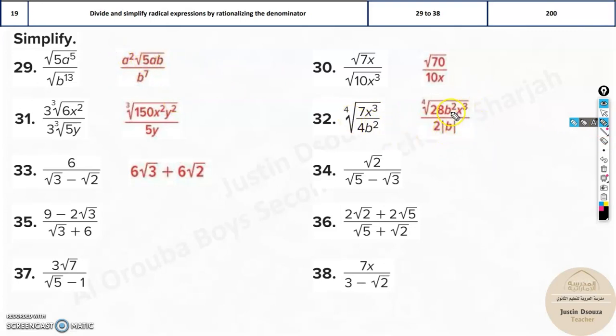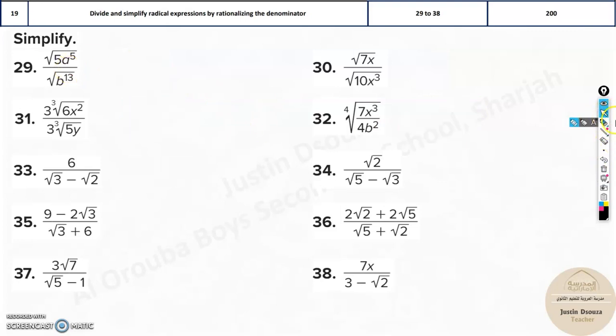But anyways, when you simplify and bring it out, remember, you have to put the magnitude symbol. If it is odd power, no problem at all. This is very important to remember. If it was odd power over here, also it's fine. But whenever it's even and you bring it out as odd, you have to mention it. Let me solve one of these because this is a little different.